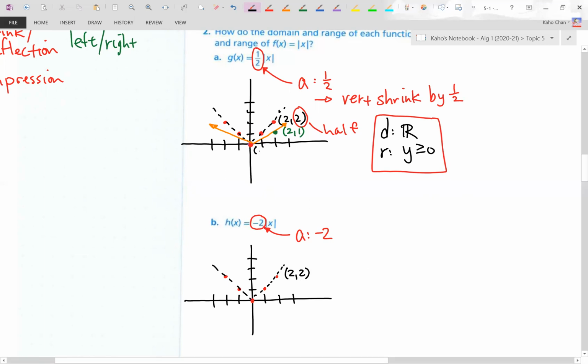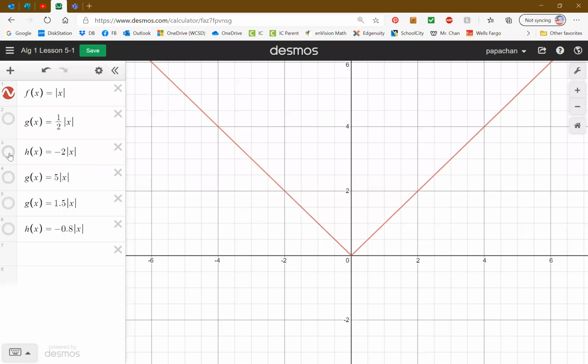And of course, 0, 0 from earlier. Those are mainly the 2 points you really need actually for absolute value. And you know what, this time let's make it a surprise. Some of you are already guessing what's going to happen. I'm going to go ahead and jump and turn on Desmos, switch over, and turn on -2 times the absolute value of x. Oh, that's interesting.